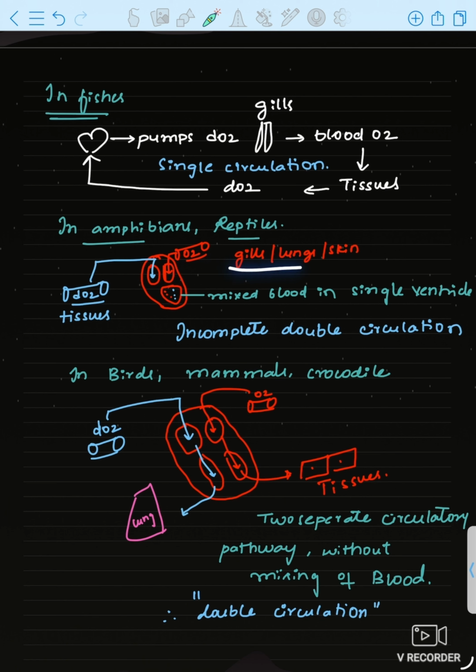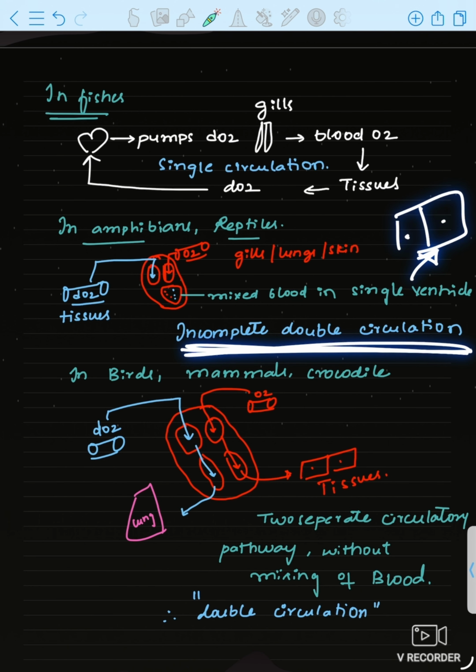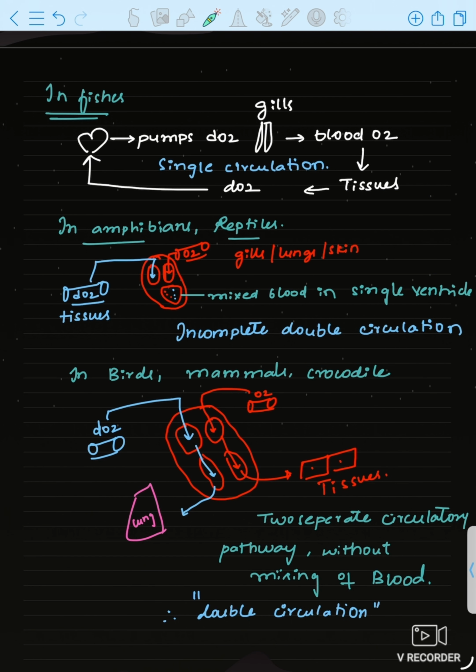Oxygenated blood from lungs, skin and gills will go into the left atrium, and at last in the single ventricle both the deoxygenated and oxygenated blood will get mixed. Then it is supplied to tissues. This is incomplete double circulation, it's not a true double circulation. See, at the end mixed blood is supplied.